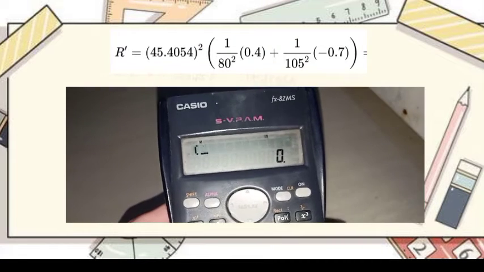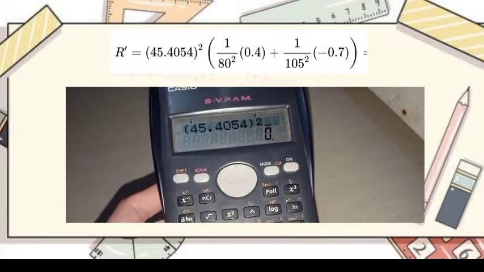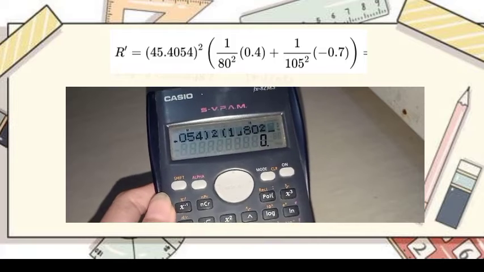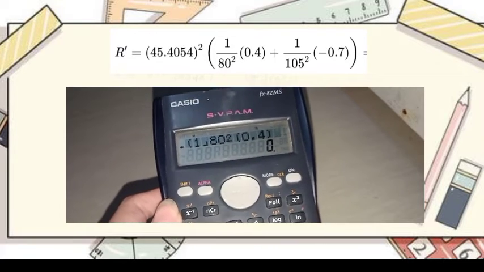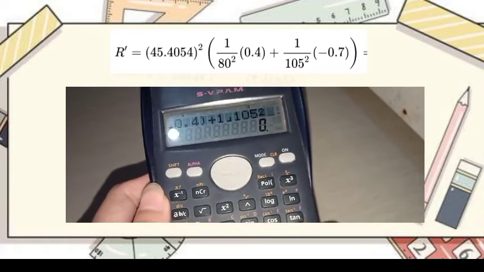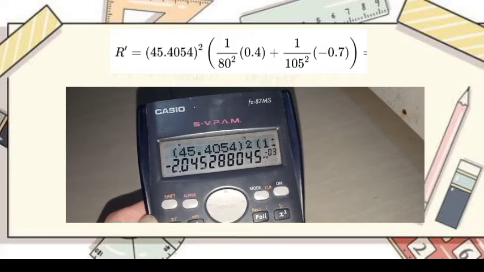We need to substitute the given R to the formula, and to simplify, I use the calculator to get the final answer to this example, and that is negative 2045 ohms per minute. So it looks like R is decreasing at a rate of this.